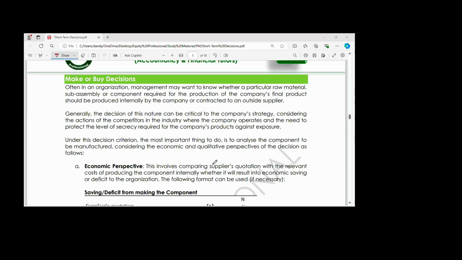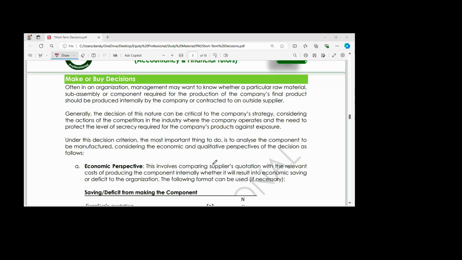So let's talk about make or buy decision. One key thing you need to understand is that when it comes to make or buy decision, the company may have capacity to produce that component internally. The company can also have the resources to outsource the components.